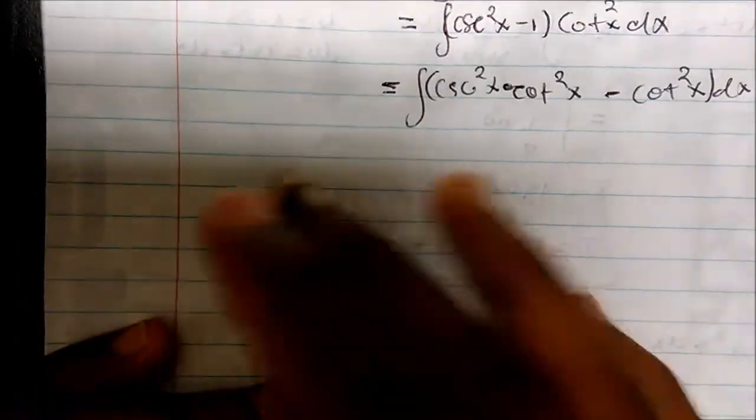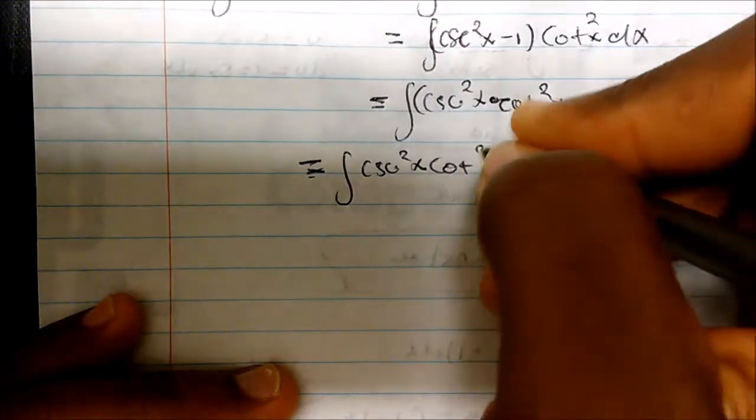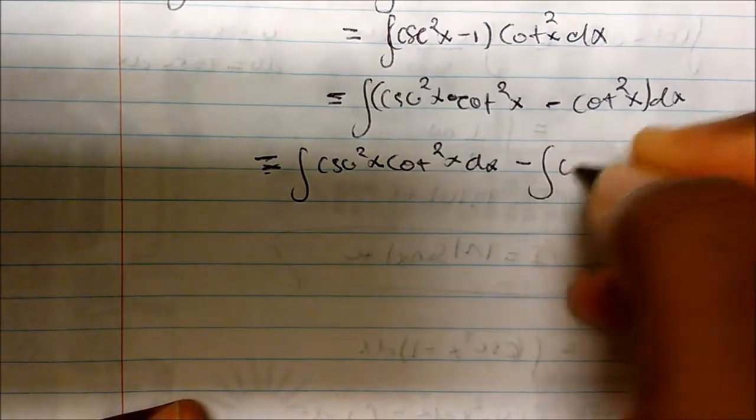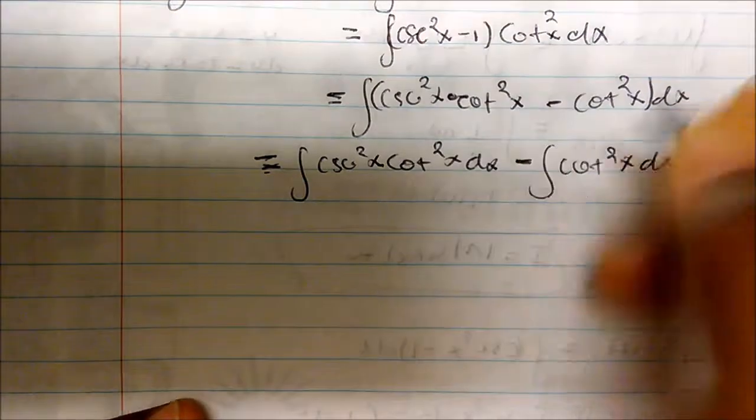Okay, and so when I look at this, I'm going to split my integral up. So the equal sign now becomes the integral of cosecant squared of x times cotangent squared of x dx minus the integral of cotangent squared of x dx. Okay, for this one, if I set my u to be cotangent of x, then my du is actually negative cosecant squared of x dx.